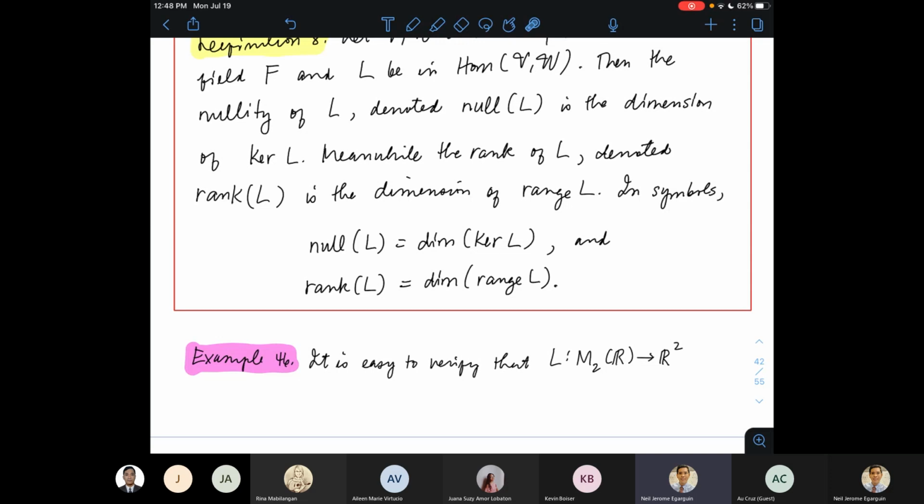But for now, for us, the nullity and rank of a linear transformation is basically the dimension of the kernel and of the range of the linear transformation, respectively. So the rest of the module is focused on illustrating how to compute the nullity and the rank of a linear map.